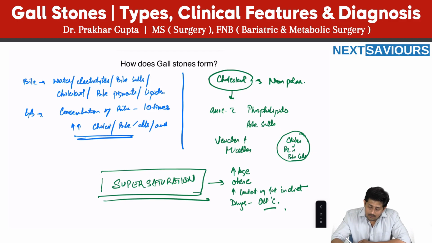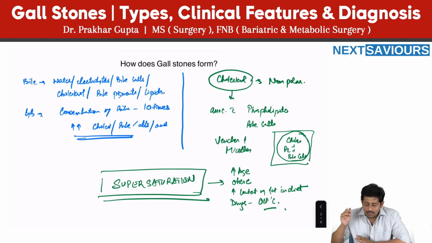Now, as we have already talked about, there are micelles and vesicles where cholesterol stays in harmony, or in a homeostatic or stable state, with phospholipids and bile salts. Okay. So, one thing is that there are high amounts of cholesterol, which may lead to formation of stones.